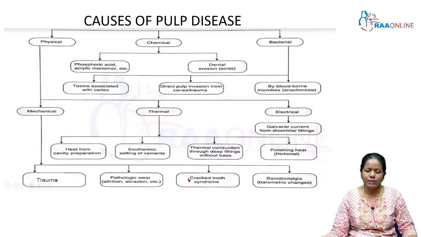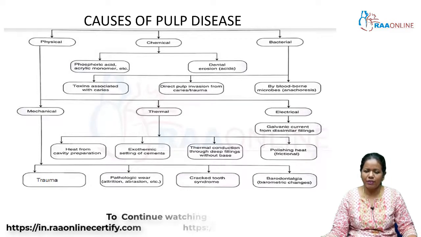There's a term called cracked tooth syndrome. What does this mean? If the tooth is fractured incompletely, it is called cracked tooth syndrome. This condition may not cause pain or any symptom in the tooth initially, but over due course, when it becomes a complete fracture, it can cause pulpal pain.